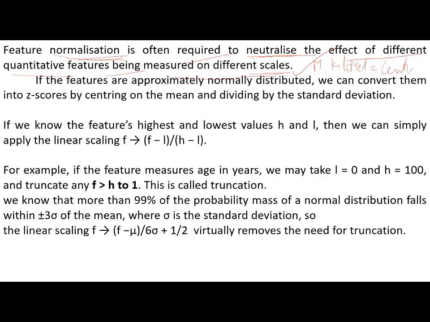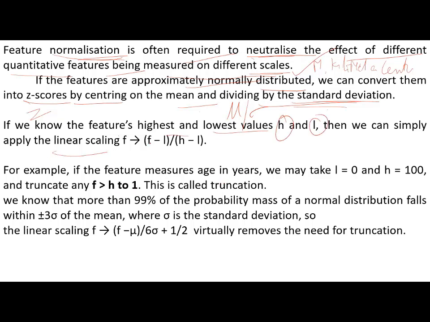If the features are approximately normally distributed, we can convert them into Z-scores by centering on the mean and dividing by the standard deviation: mu by rho.